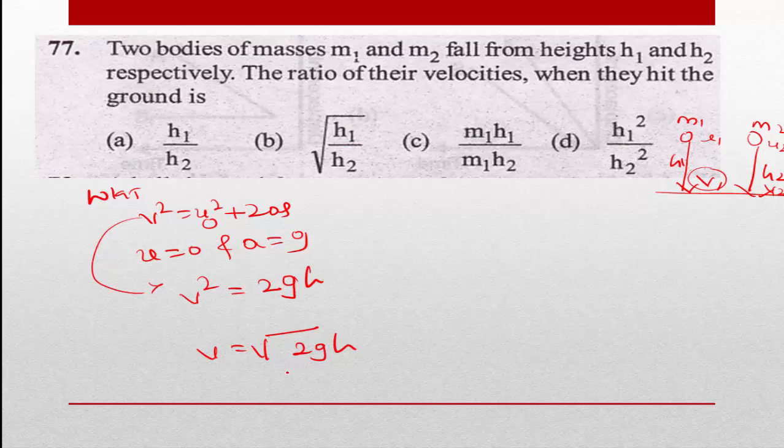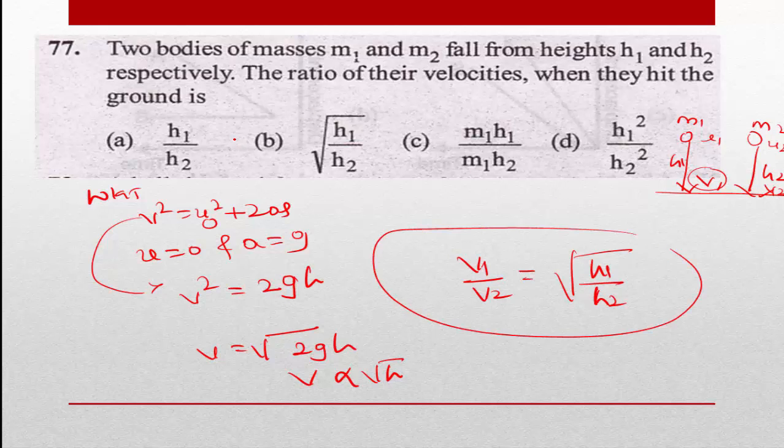Here the velocity is directly proportional to the root of its height. The ratio of their velocities when they hit the ground, that is v1 divided by v2, is equal to root of h1 divided by h2. Option B is the right answer.